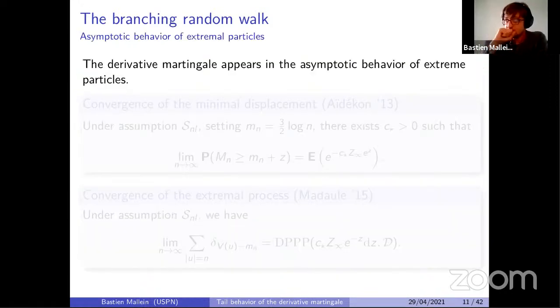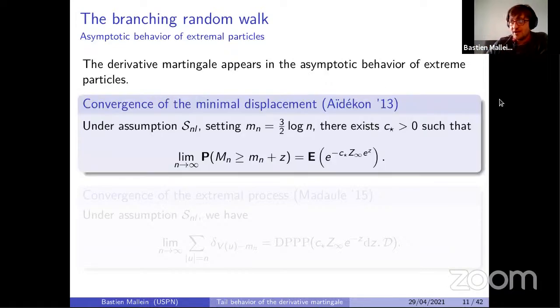The derivative martingale appears in the asymptotic behavior of the extremal particles of the branching random walk. This was proved, for example, by Aïdékon. Under the assumption S and L, so the integrability condition and the non-lattice condition, when we set m_n equal to 3/2 log n, then the probability that the minimum in the branching random walk is larger than 3/2 log n plus z converges toward this quantity.